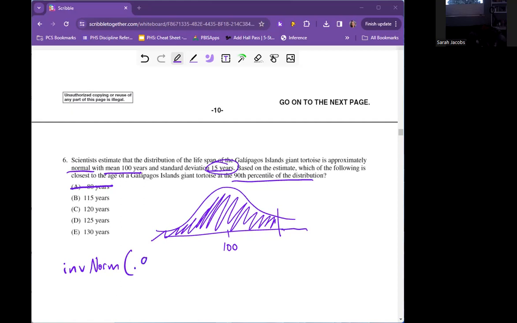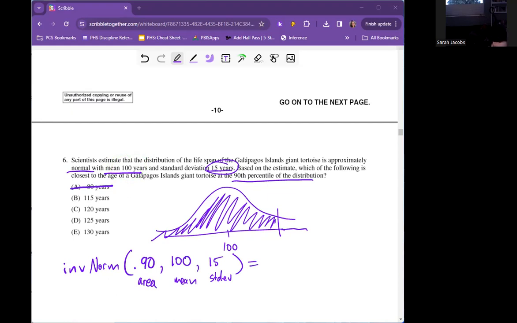So our area is 90%. Our mean is 100 years. Because we know the mean and standard deviation, we can actually pop those straight in, and we don't need to go through a z-score first.